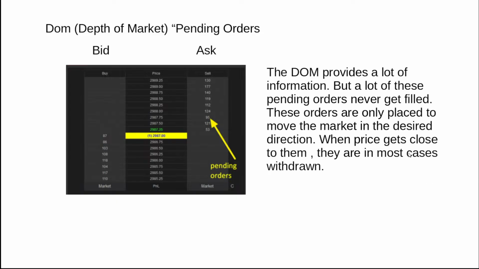So the first thing we're going to be talking about is the DOM, which is depth of market, which is our pending orders. On this side, the left-hand side, we have the bid. And when I'm talking about this, I want you guys to try to think about yourself as a trader.